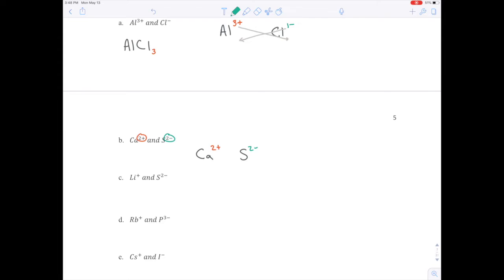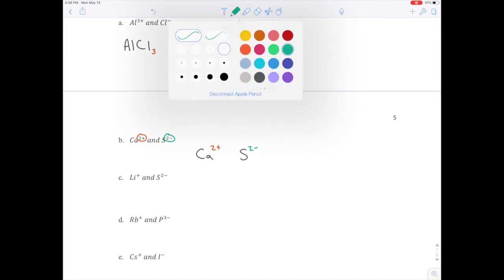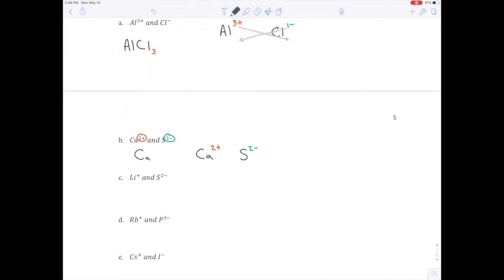If the charge is ever the same amount, so 2 plus and 2 minus, then it's a 1-to-1 ratio, and you can just write the symbols together without writing the charges. Because 1 calcium, which has a 2 plus charge, will cancel out with 1 sulfur, which has a 2 minus charge, and the overall charge will be 0.